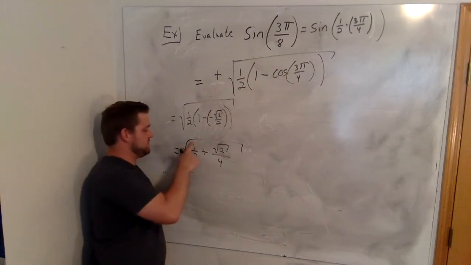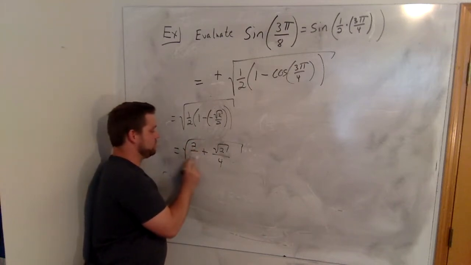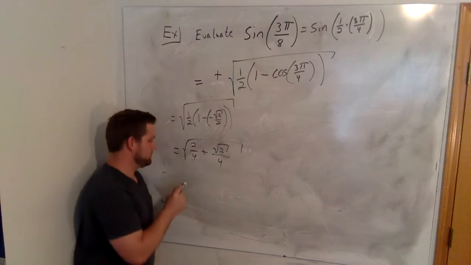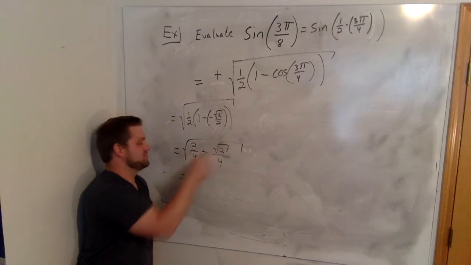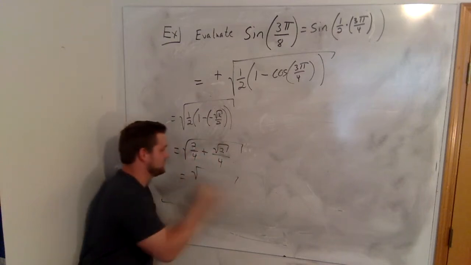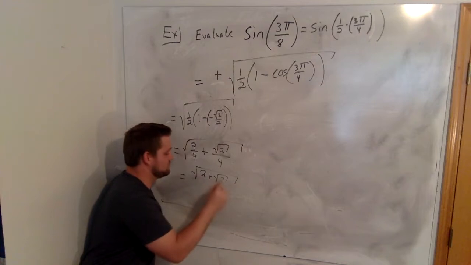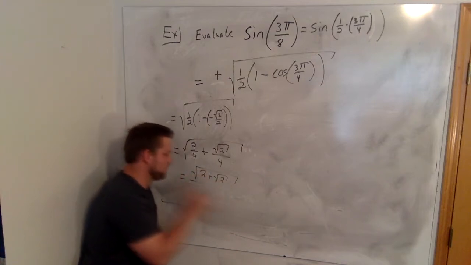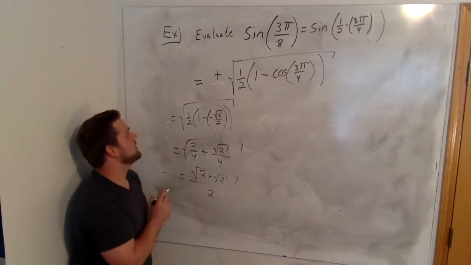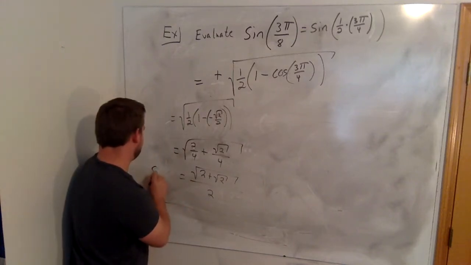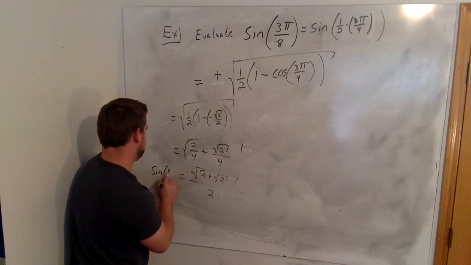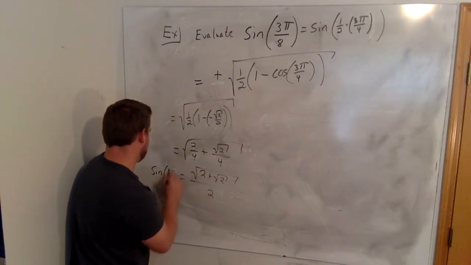Let's think of the 1/2 as 2/4. With a common denominator, we add across: 2 plus root 2 over 4. So we'll have the square root of 2 plus root 2 all over the square root of 4. The square root of 4 is 2. So here's our answer for sine of 3 pi over 8.